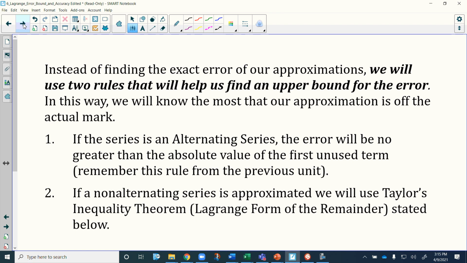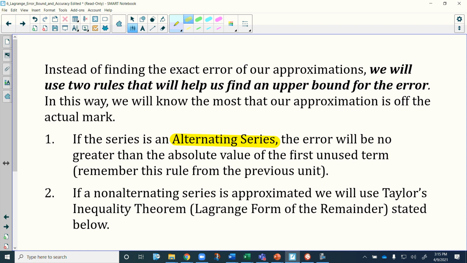So the first thing that we're looking at here, for the two rules that we have, is if you happen to have an alternating series.